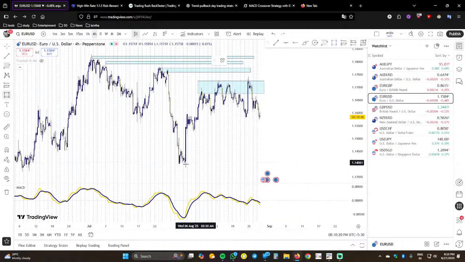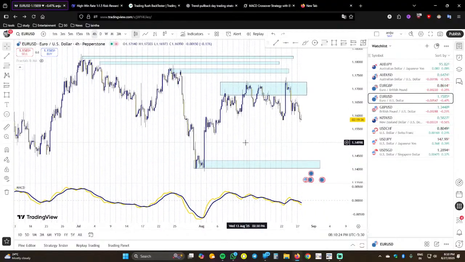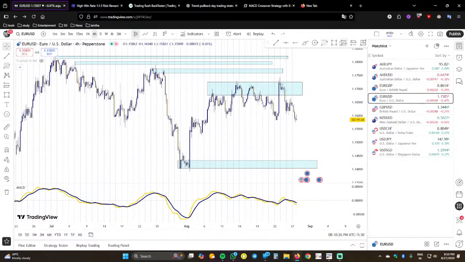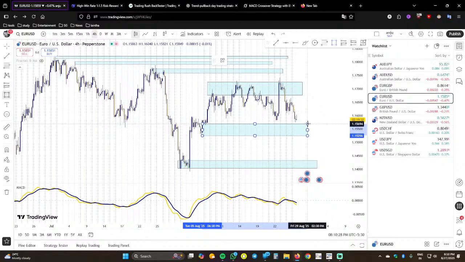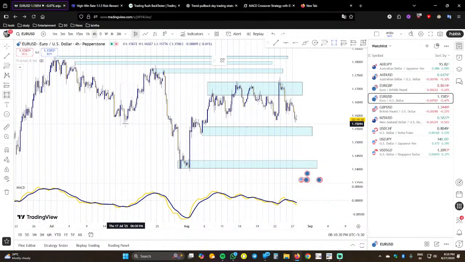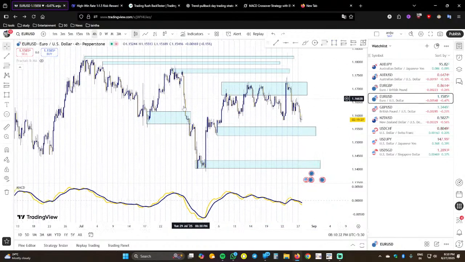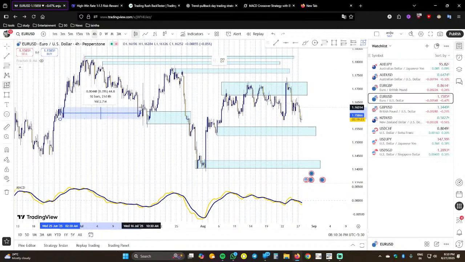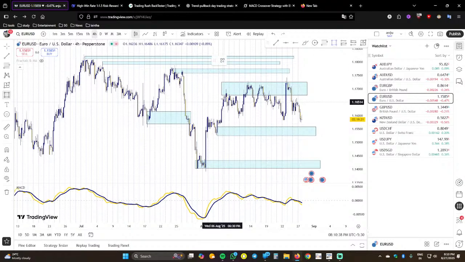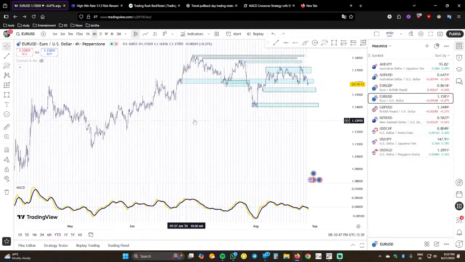So for example, if this is support and this can also be a support level, why is this not a support level? Why should this be a support level? For how long is this support level going to last?